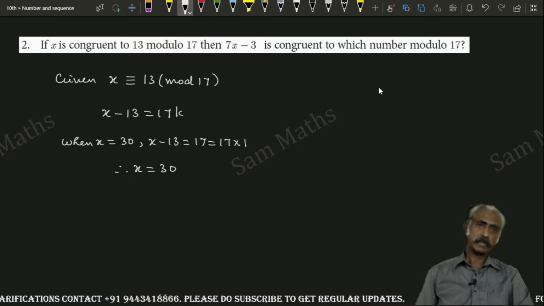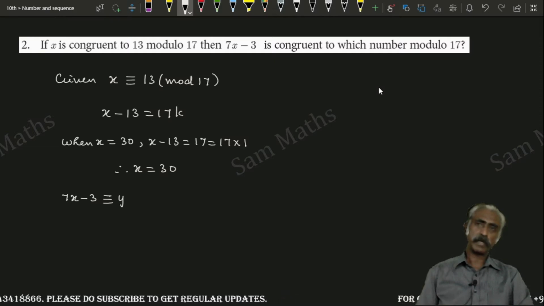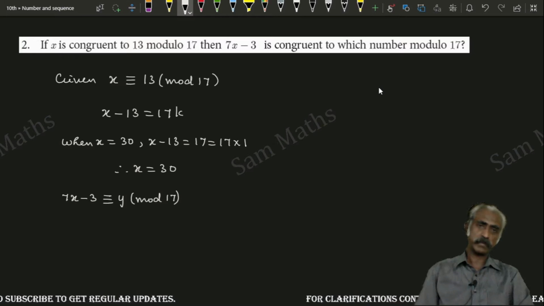Now we can consider 7x minus 3 is congruent to some number y modulo 17, that is mod 17. This we are assuming, so I am writing it.